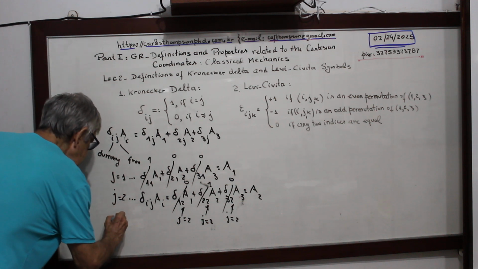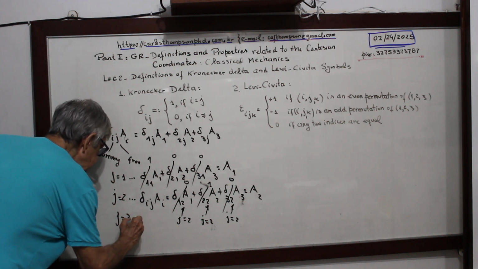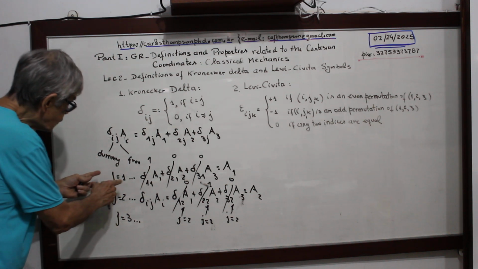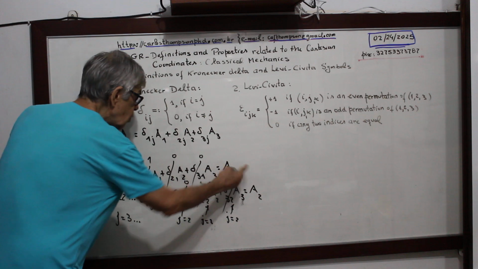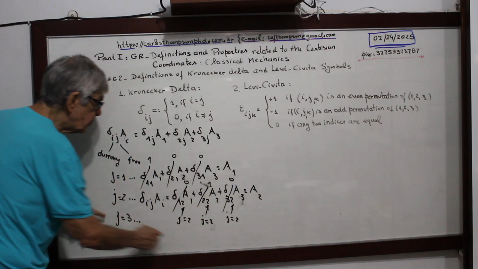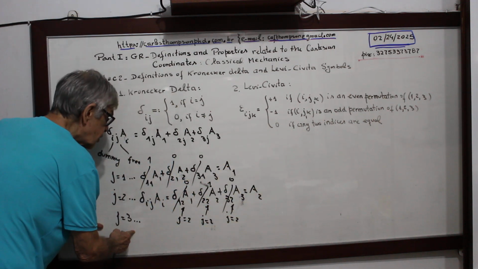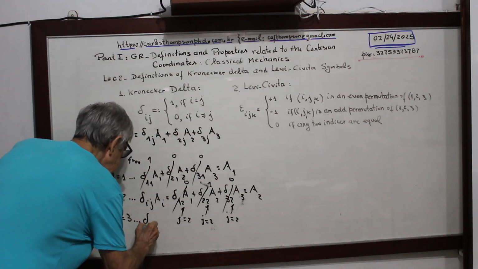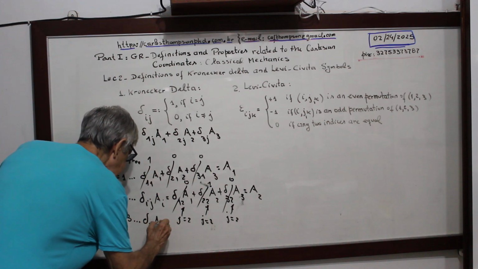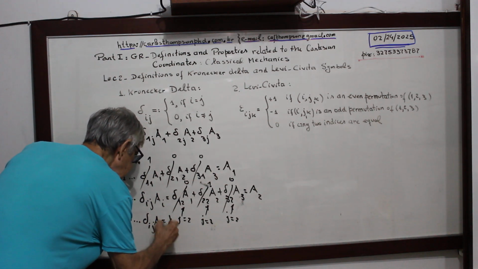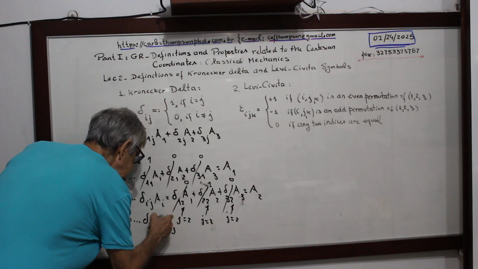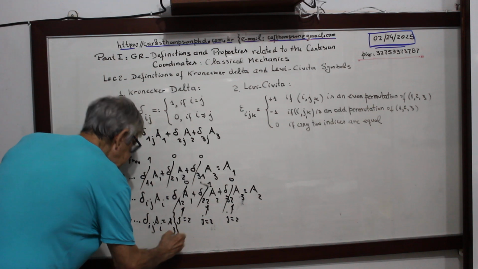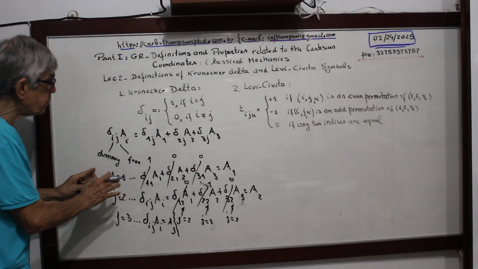Likewise, for j equal to 3, you can conclude. You see, look at that. j equal to 1, I have a1. j equal to 2, I have a2. j equal to 3, by induction, okay? Delta ij ai is equal to a3. See? It's very, very simple, okay?